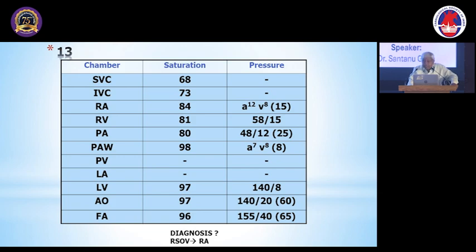That means it can be a Gerbode defect or a RSOV, but low RA Gerbode is more likely, and there is no widening of the pressure in the systemic artery. So this is an LV to RA shunt. Good.